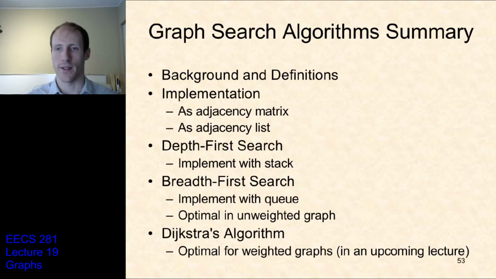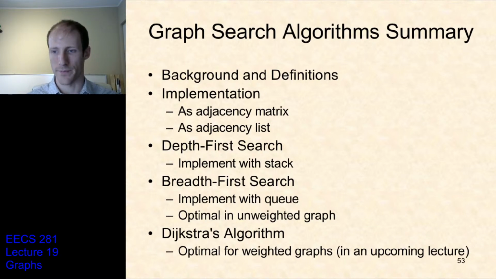So to summarize what we've talked about today, we introduced the concept of a graph. We talked about neighbors, paths, whether a graph is connected. We talked about 2 ways to implement it, either as an adjacency matrix or as an adjacency list. And then we talked about some simple graph algorithms.